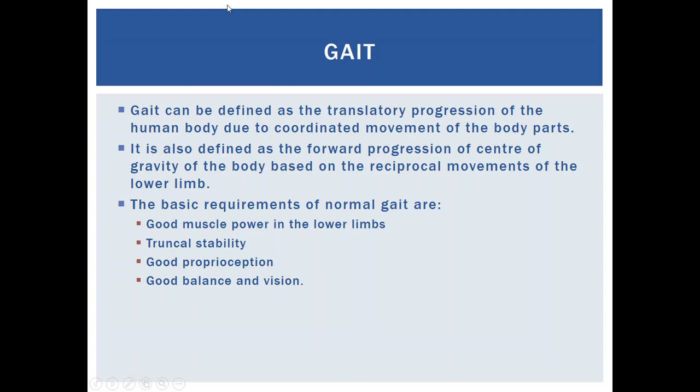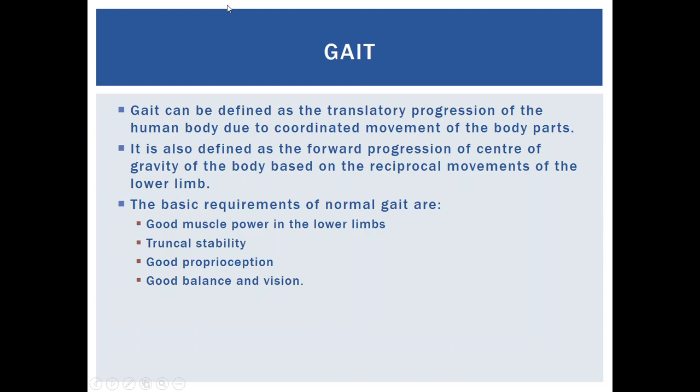So, the basic requirements for normal gait are good muscle power in your lower limbs, truncal stability, good proprioception, good balance and vision. So, these are the four main requirements for a normal gait. So, you need to have muscle groups in the lower limb that are very powerful, or have good strength, like they're not spastic or anything, they're just quite flexible and ready to contract and relax.